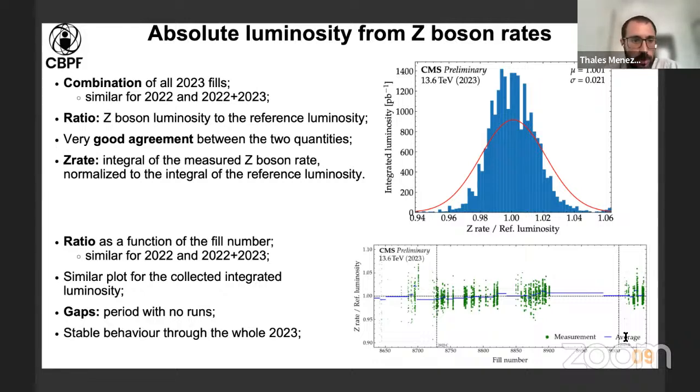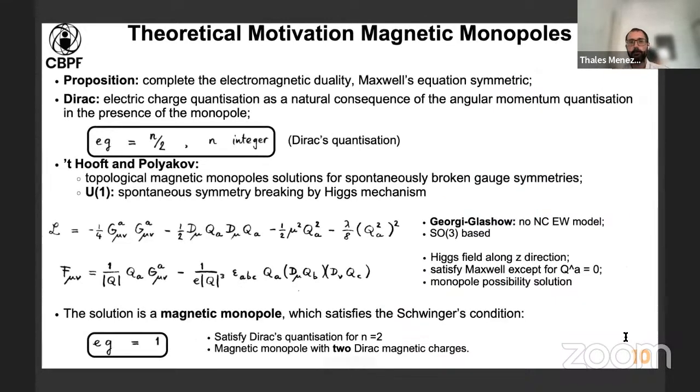So this was for the Z counting part, the luminosity monitoring part, and for the second part, the monopole search. First, the theoretical motivation behind it. It was first proposed to make the Maxwell equations symmetric in order to complete the electromagnetic duality. But Dirac provided a very different idea of magnetic monopoles.